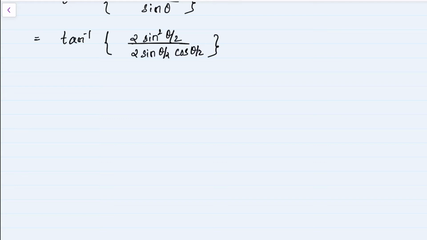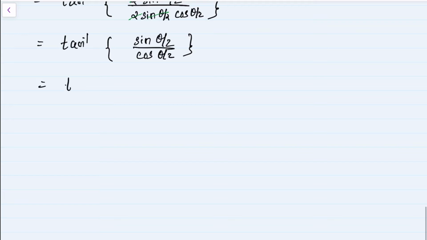Now we can cut the 2 and one of the sine theta by 2, and finally the answer is tan inverse of sine theta by 2 upon cos theta by 2, which can be written as tan theta by 2. So we get tan inverse of tan theta by 2. Tan inverse and tan can be removed, and finally it is equal to theta by 2.